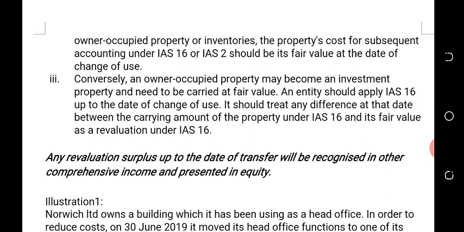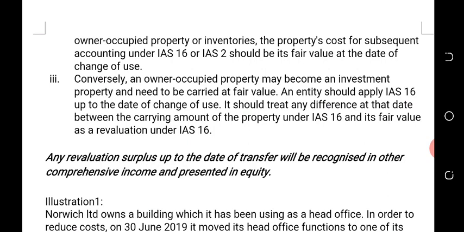So when an entity is using a particular item as owner occupied property and now wants to change it to investment property, up to the date of change they must use the principles of IAS 16. So any increase in the fair value should be treated as what? As revaluation surplus, not fair value gain.